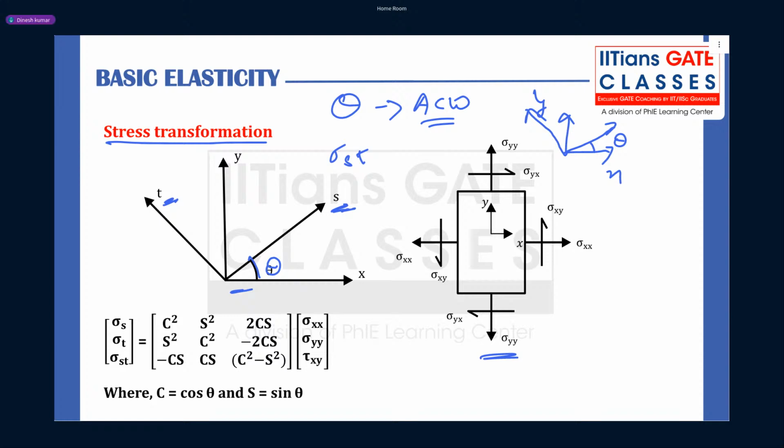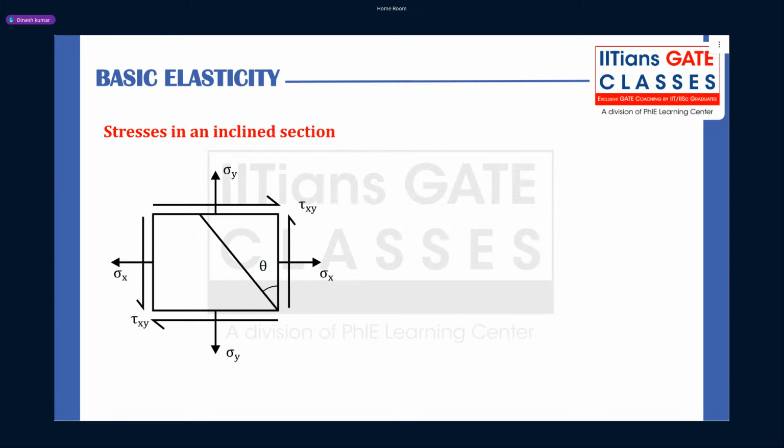Okay, so now, guys, I will draw this graphically, to show how you can see this stress system in inclined form. Initially you have a stress system in the xy direction, like this.